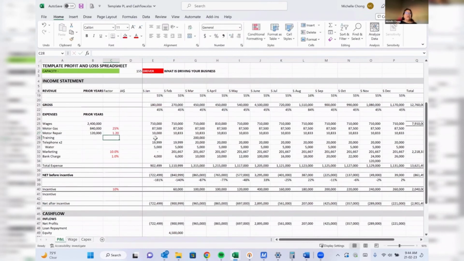So I can say I want it to be equal to the prior year divided by 12 multiplied by 1.2. Okay, I think this formula had a problem in it. So equal to last year multiplied by 1.2 divided by 12. Let's hope that works now.